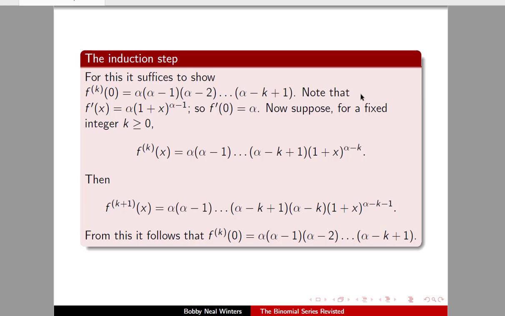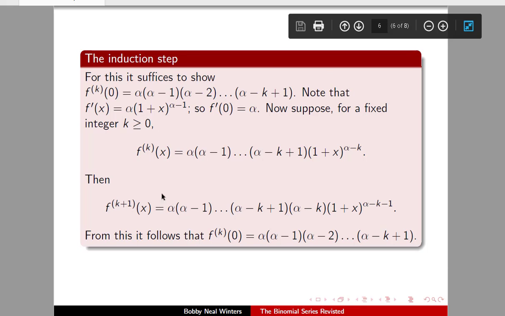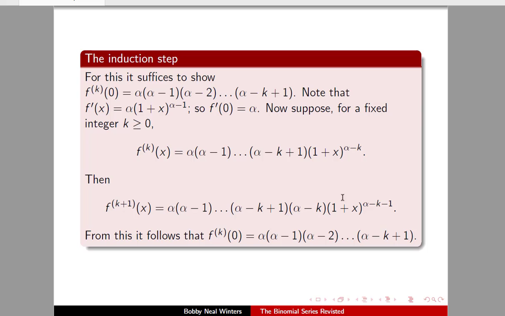And evaluate that at 0, and so there should be a plus 1 there in the exponent, but it gives us the formula that we should have, and so we're done. We have proved now the binomial theorem.